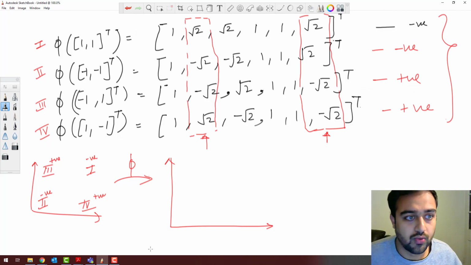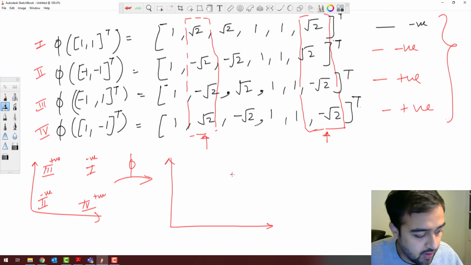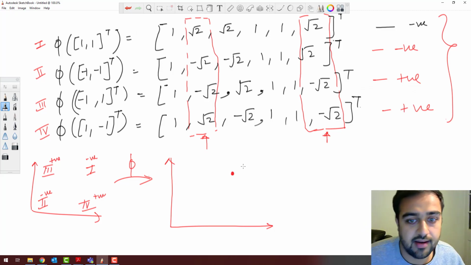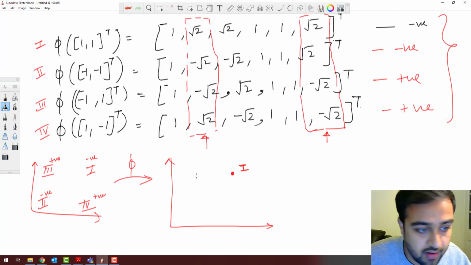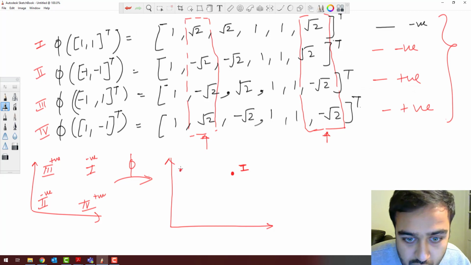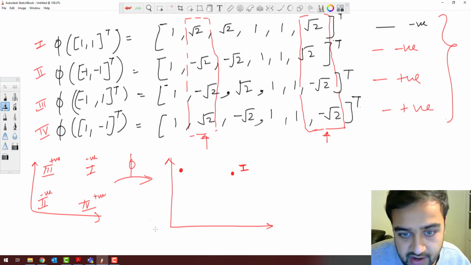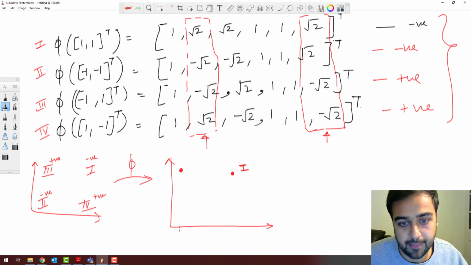So we have root 2 comma root 2. Root 2 comma root 2 would lie somewhere here, right? So this is the first point. Second point is minus root 2 comma root 2. Minus root 2 comma root 2 would lie somewhere here.